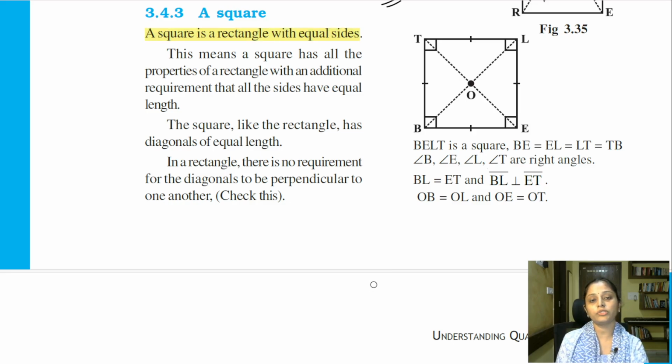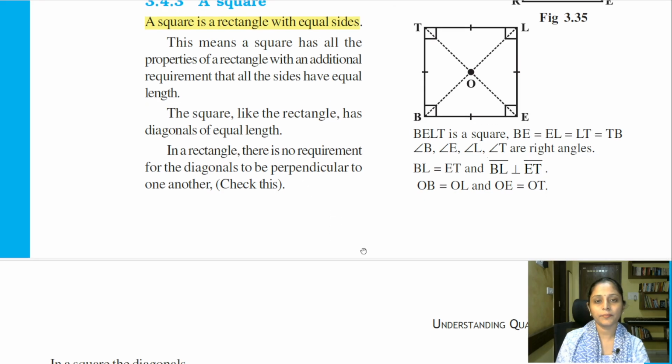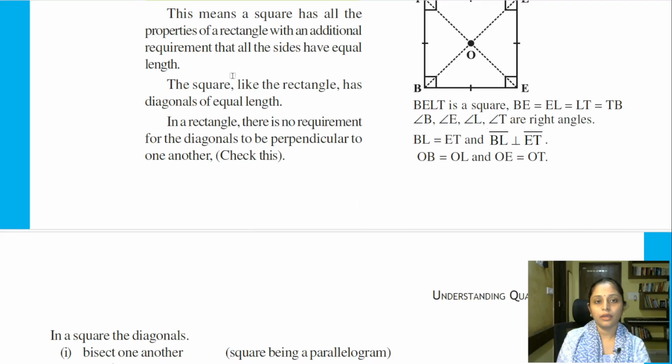Or if you want to start with a quadrilateral, you can say that a quadrilateral which has all the four sides as equal and each angle equal to 90 degrees is a square, right? So now here, it has all the properties of a rectangle because you're starting the definition from the rectangle, right?